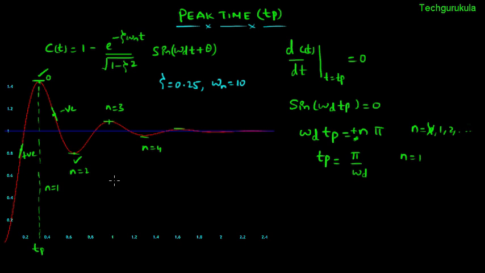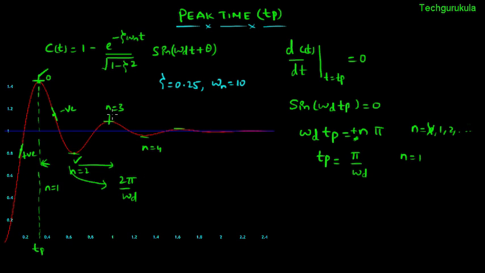Now the same logic, if we apply from n equals 1 to n equals 3, if you see the time duration difference, as this damped oscillation frequency is omega d, the time period should correspond to that damped oscillation frequency. If you see here, without even calculating based on the n values, we know this time duration should be 2 pi by omega d, as it is oscillating with a damped oscillation frequency.